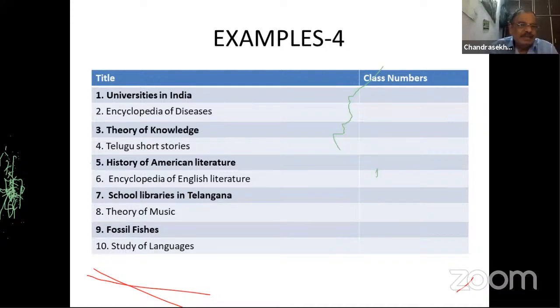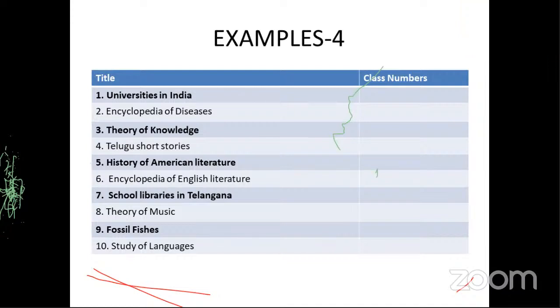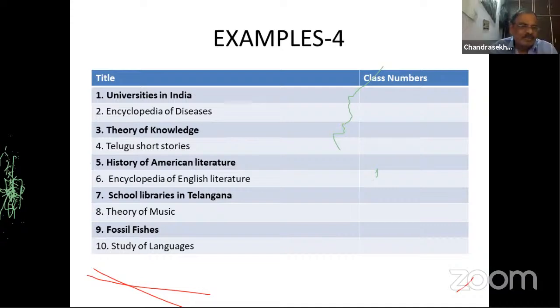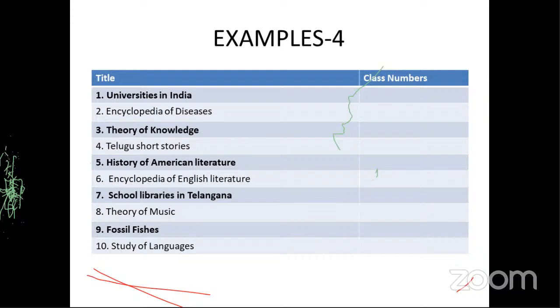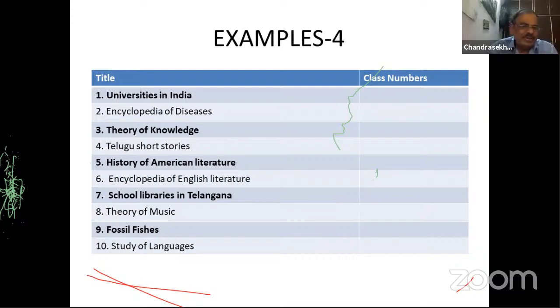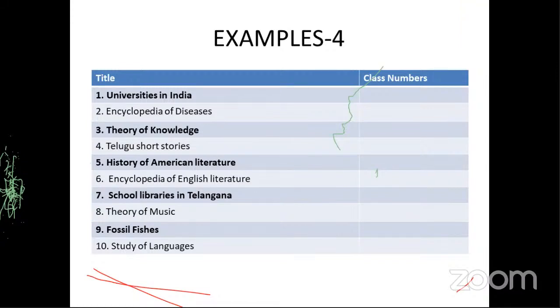Then Telugu short stories. So Telugu short stories means 894.82. Is it language or literature? 400 language, sir. Short stories, where you study in language aspect or literature aspect? Literature. So it is a creative work.